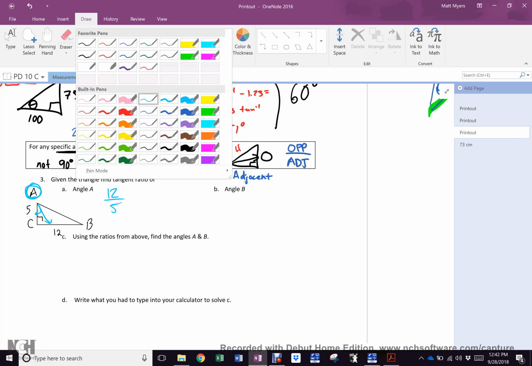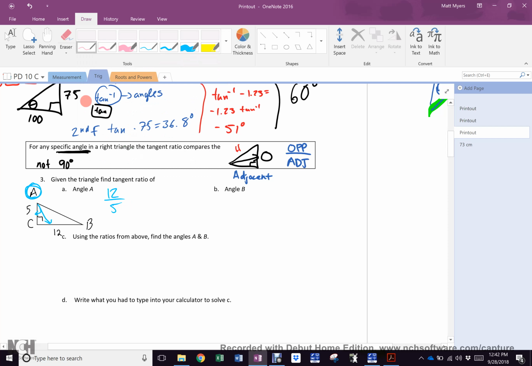Now, knowing what you know, because you're smart people, here's angle B. Tangent is always opposite over adjacent, right? So what is opposite B? 5 over 12. Now, are these fractions measures of the angle?